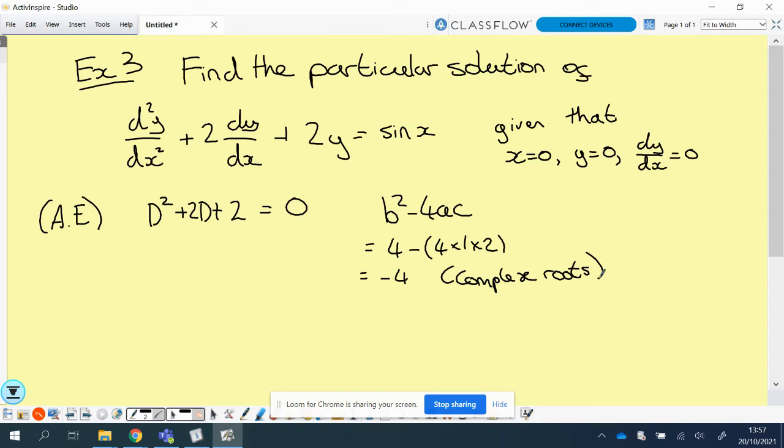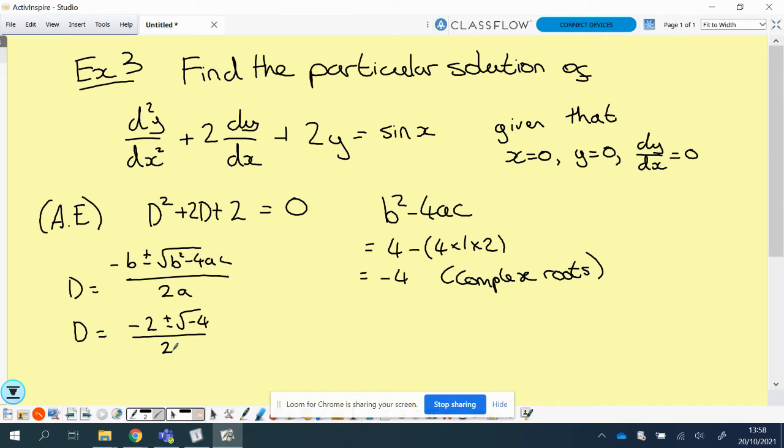So in order to find the roots, I'm going to have to use the quadratic formula. So d is going to equal negative b plus or minus the square root of b squared minus 4ac, all divided by 2 lots of a. So that's going to be negative 2 plus or minus the square root of negative 4 all over 2.